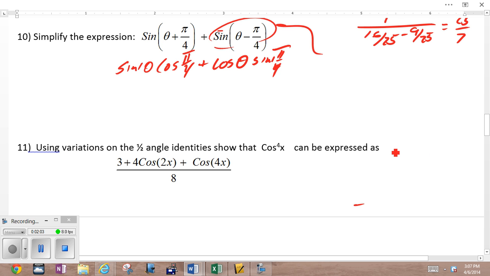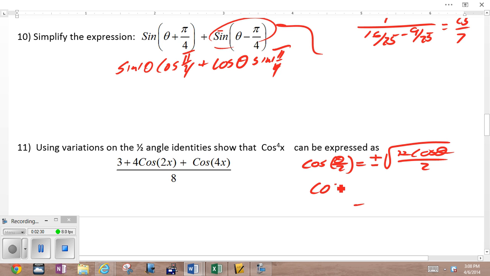Let's remember, here we've got a half angle identity for cosine. Cosine half angle identity, let's put it down. Cosine of theta over 2 is equal to plus or minus the root of 1 plus the cosine of theta, all over 2. Now basically all we can say is whatever this angle is, the angle here is double.